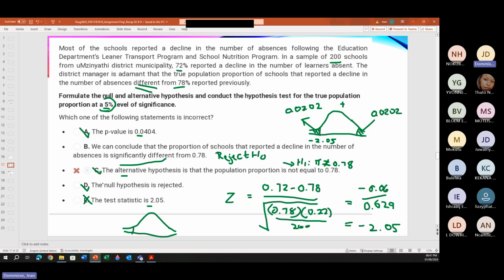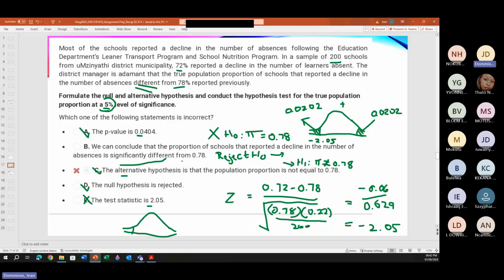So that is in line with option D. Because we reject the null hypothesis, which, remember, says that the proportion is equal to, so we reject it. So we say, hang on, it is not equal to. So it differs from your null hypothesis. So it differs. So it is significantly different.